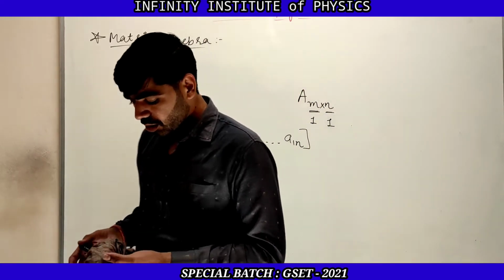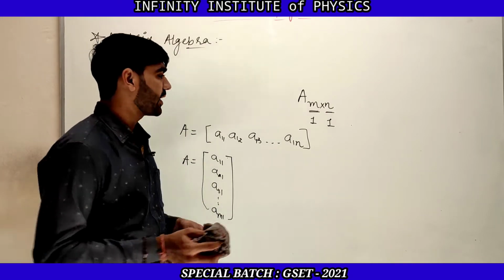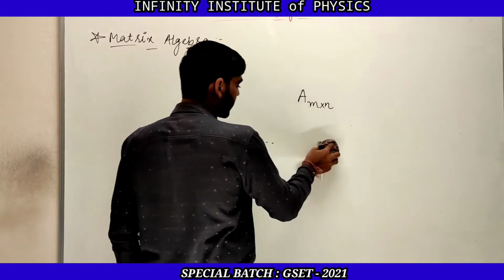Clear? Now the definition of square matrix and rectangular matrix. When can we say that a matrix is a rectangular matrix?